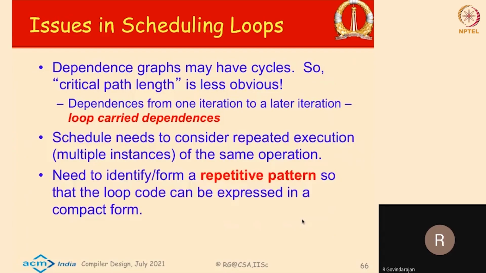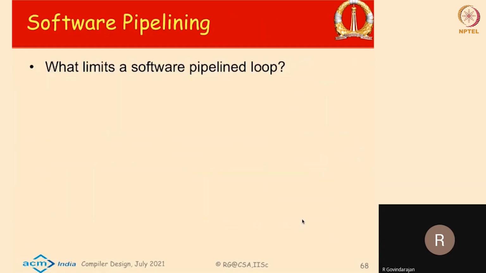Essentially, in constructing a software pipeline schedule, you are identifying a repetitive pattern by overlapping the executions of iterations. The number of cycles that determines the throughput of the software pipeline schedule is what is called the length of the kernel, or the initiation interval.